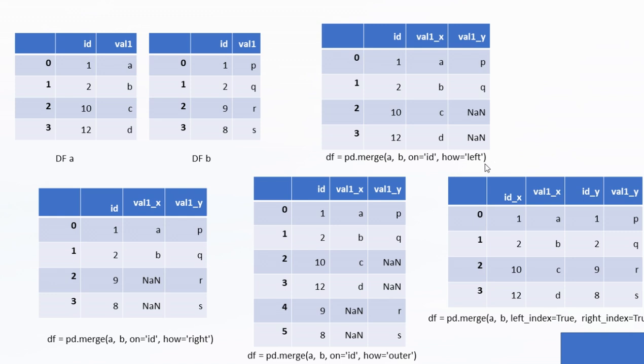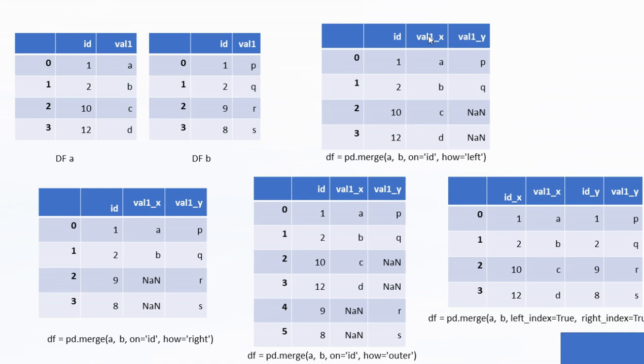See, if you look at the table, you can understand this well. If I say how is equal to left, the merging is based upon ID. So I will be taking the ID of A only, because I am using the left merge. That means all the elements of A will be here. The complete ID of A is over here, and the complete values of A are over here.